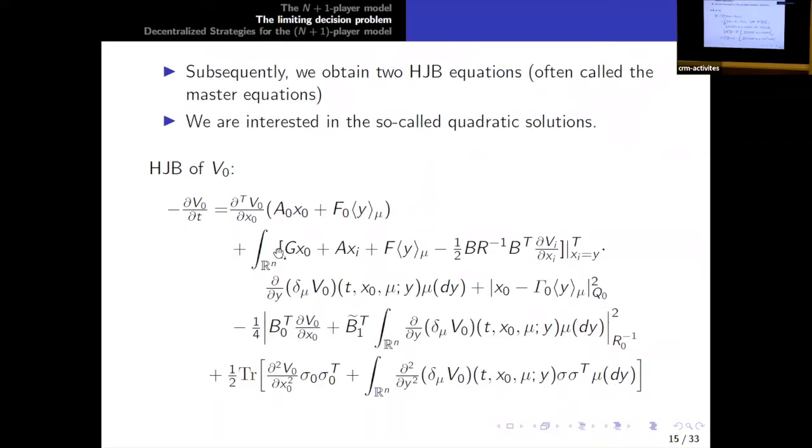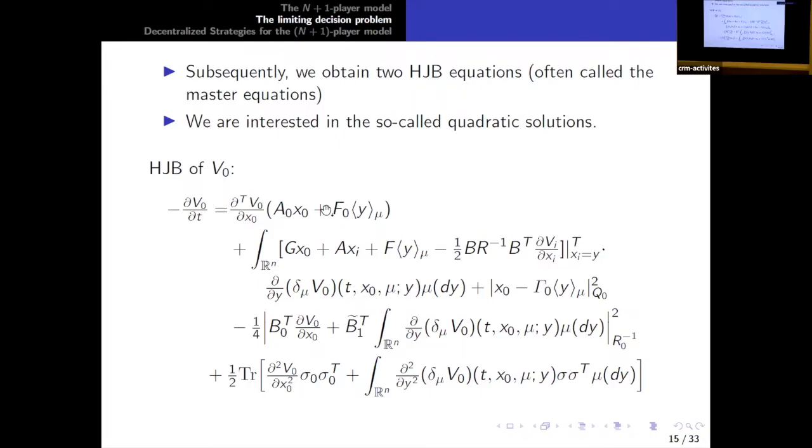So here you can see the right-hand side is quite big. But the interpretation is still quite obvious. Basically, if the mean field disappears, then it reduces to a standard HJB equation in optimal control.